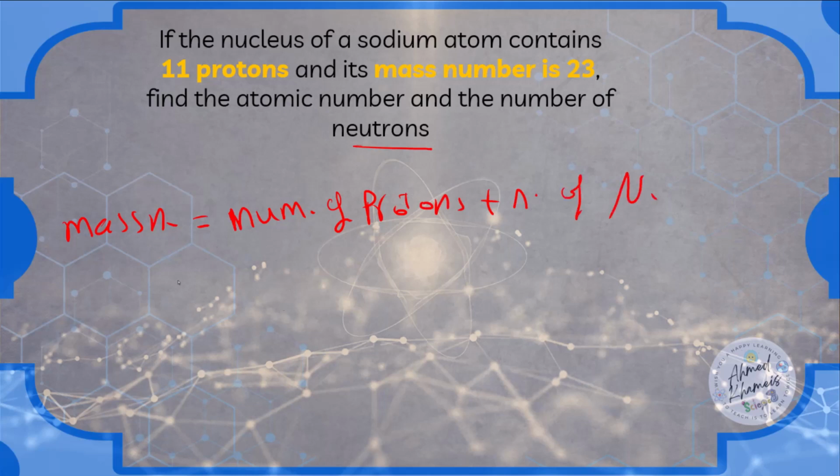So the mass number is 23, equal to the number of neutrons plus the number of protons, which is 11. So the number of neutrons will equal 23 minus 11 equals 12 neutrons.